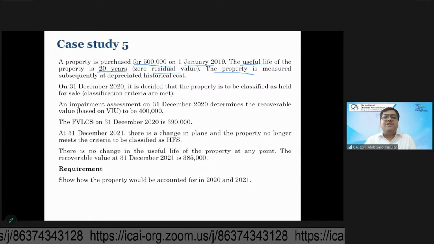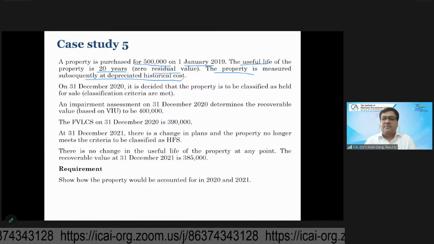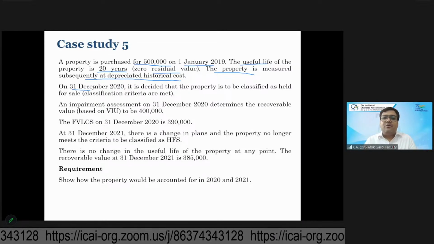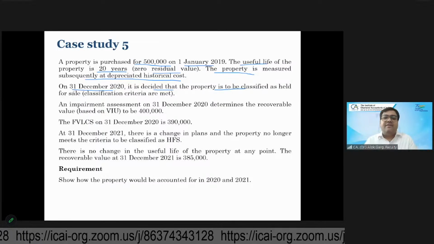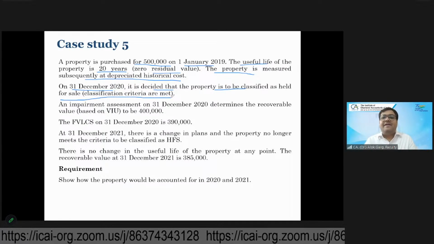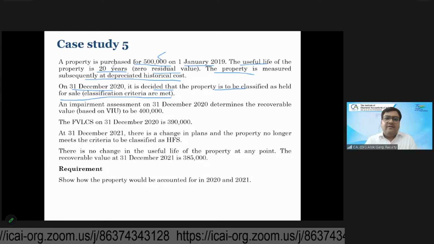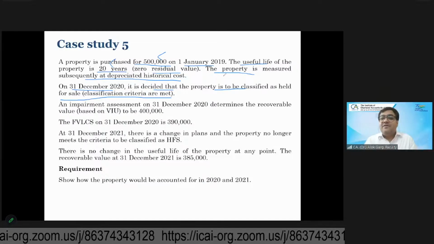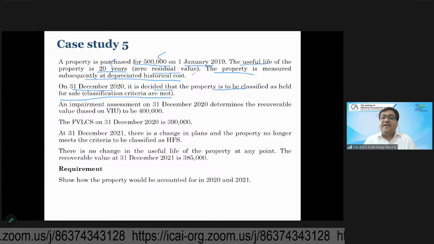The property is measured subsequently at depreciated historical cost. On 31st December 2020, it is decided that the property is to be classified as held for sale. Classification criteria are met. The cost is 5 lakh, life is 20 years, zero residual value. The property is depreciated at cost model.